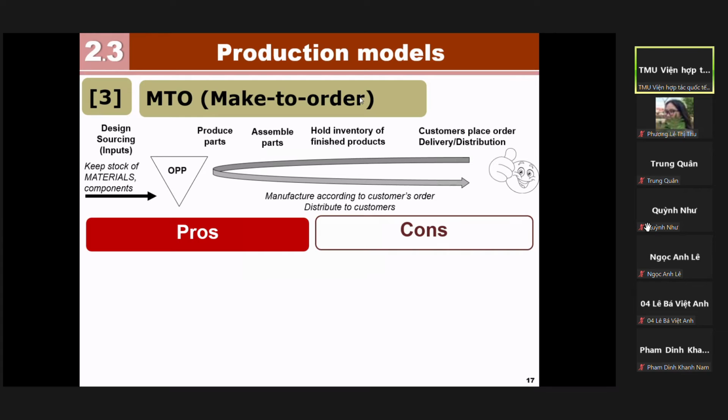I repeat the question: what are the pros, benefits, the upsides of the MTO model, and what are the downsides or the disadvantages of the MTO model?